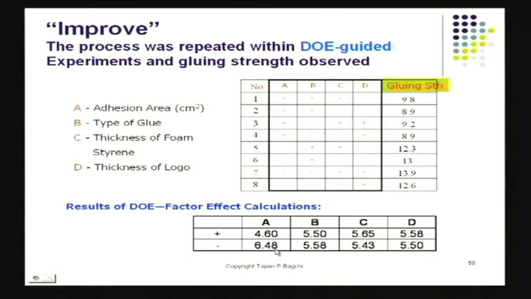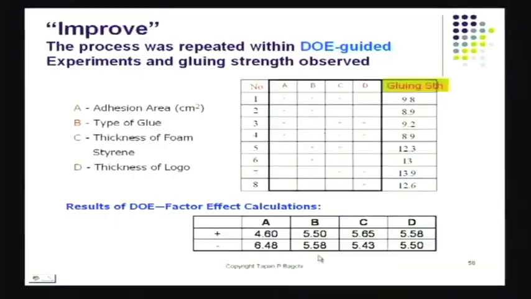When area was increased, it required a higher level of force to move it off the back of the car. This is what we would expect. The same thing was looked at with factor B, the type of glue. It did not seem to have much effect. C also did not, and D also did not, but area certainly had a large effect.